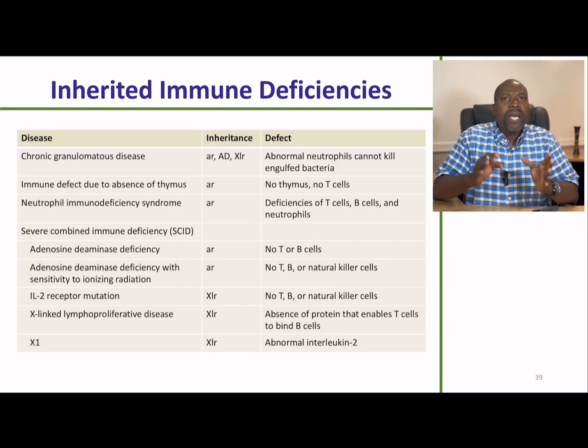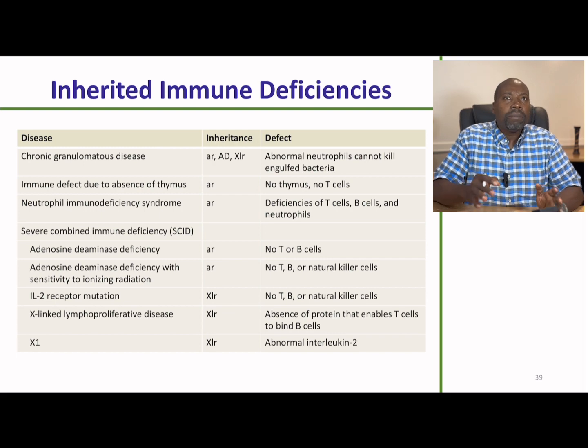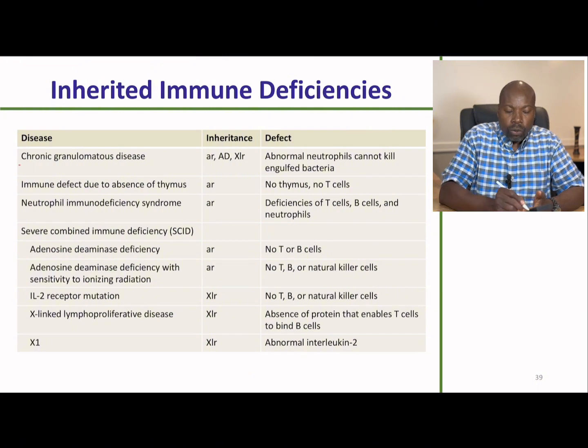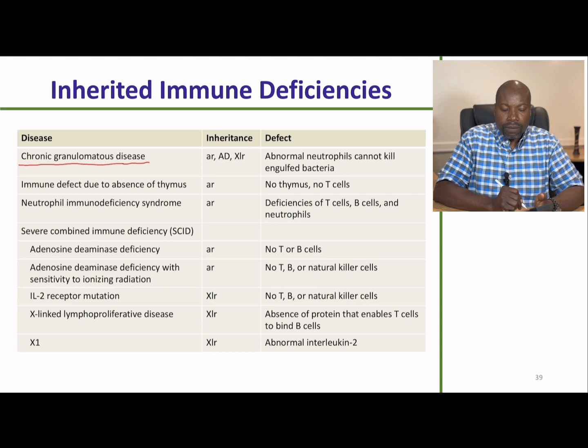There are many inherited immune deficiencies that we know of these days. I already mentioned the chronic granulomatous disease. All right, there are some conditions in which the defects affect the thymus in a sense that there is no thymus.